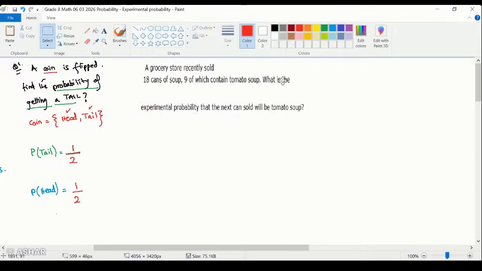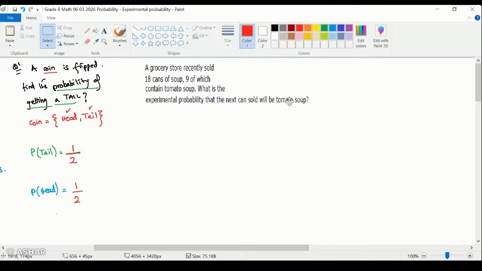A grocery store recently sold 18 cans of soup. 9 of those cans contain tomato soup, right? They're asking us what is the experimental probability that the next can sold would be a tomato soup. Let's suppose this was our question number 2.